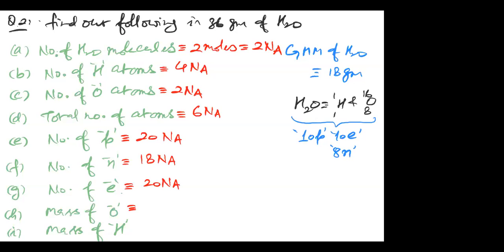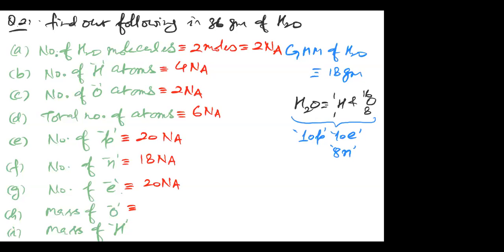Mass of oxygen. Now, the total mass is 36 gram. Out of this 18 gram, the oxygen mass is found to be 16 gram, and the hydrogen mass comes out to be 2 gram.